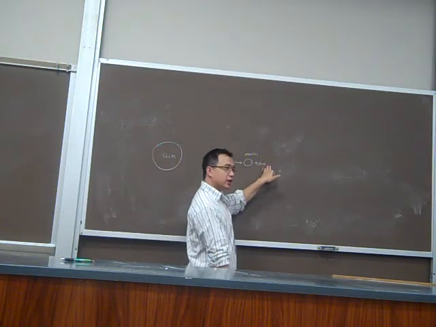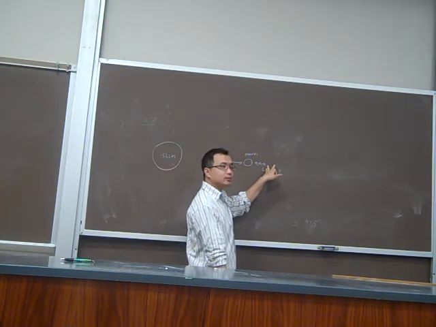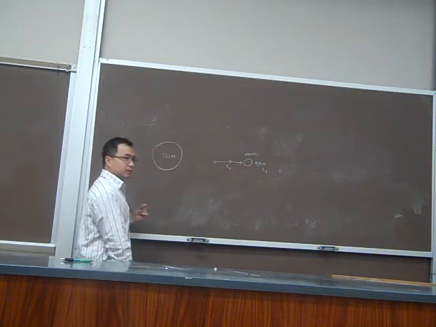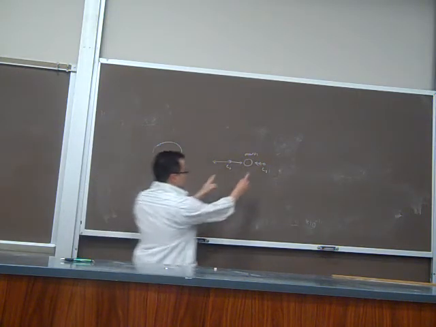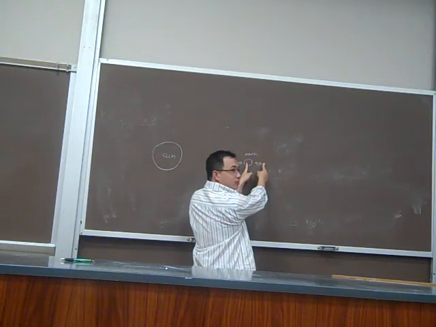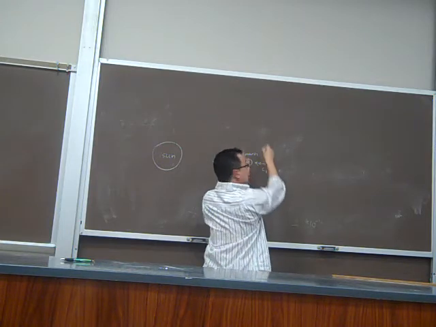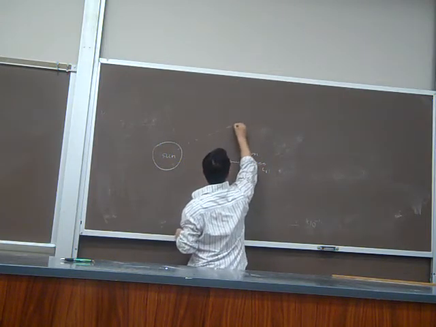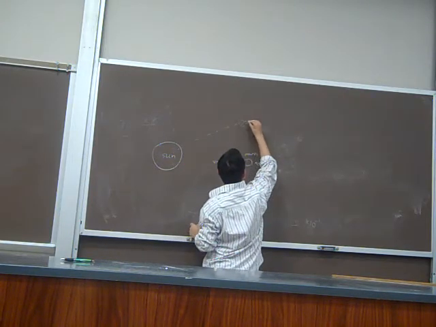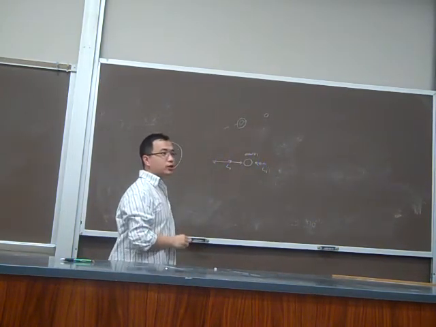But for this point, L2 is a dynamical equilibrium. So it can be fixed in the sense that it will move at the same pace as the earth. So both of them are moving like that. So it's just like the geostationary orbits. When the earth moves to here, the satellite will move to here.